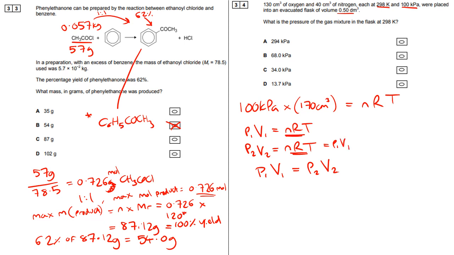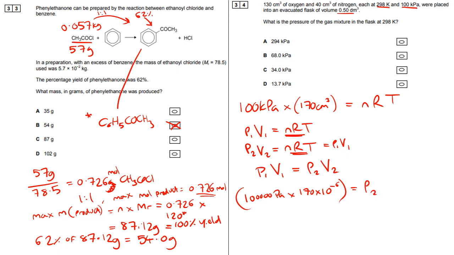So our original pressure times by our original volume, 100 kilopascals or 100,000 pascals, times by 170 centimetres cubed, convert that to metres cubed by dividing by 10 to the 6, or times 10 to the minus 6, equals our new pressure times by our new volume.